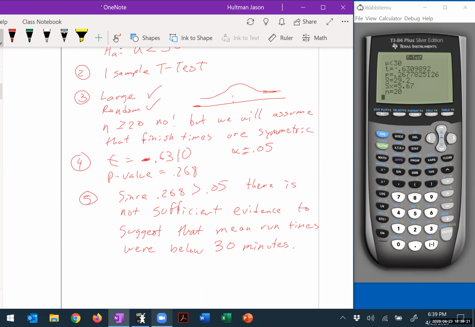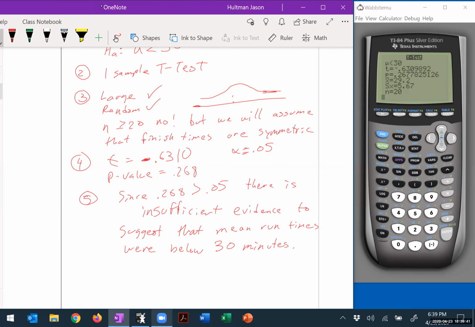Okay, so that's my conclusion. There is insufficient evidence to suggest that mean runtimes for the 5K was below 30 minutes.